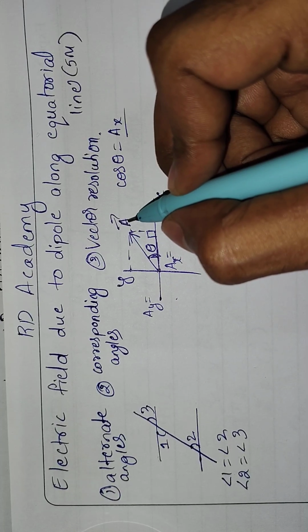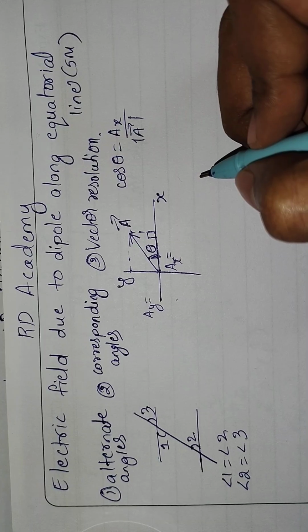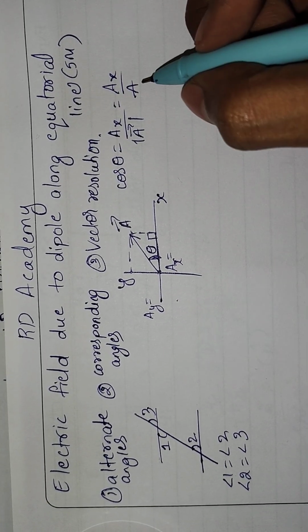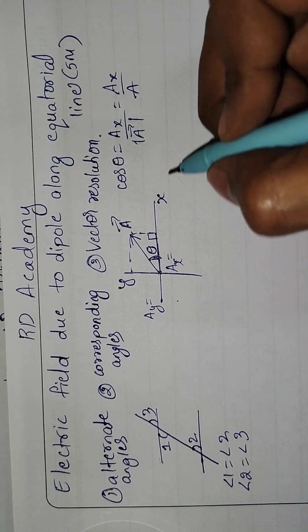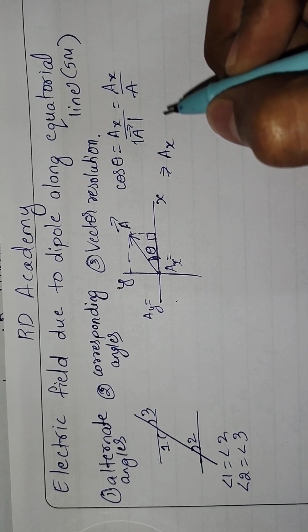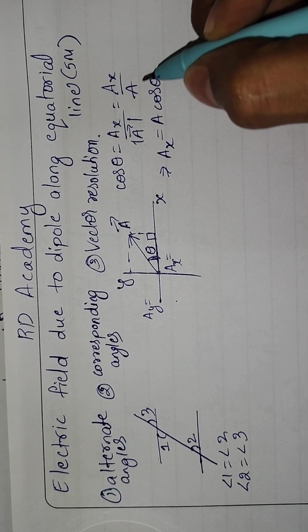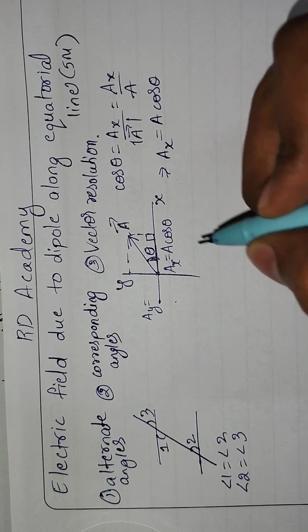The hypotenuse is nothing but the magnitude of vector A, so I can write it as Ax by capital A, where this A indicates the magnitude of vector A. This implies the x component of vector A is equal to A cos theta, just cross multiply.